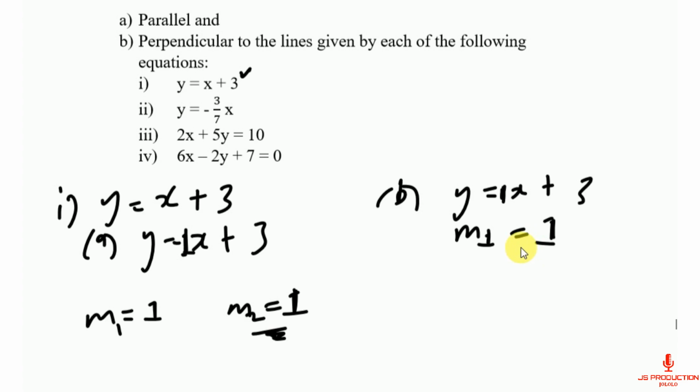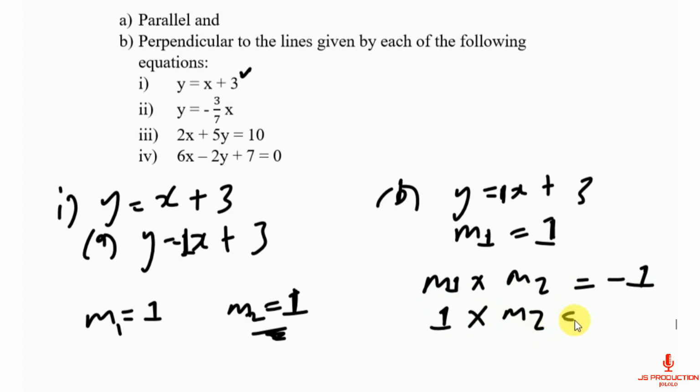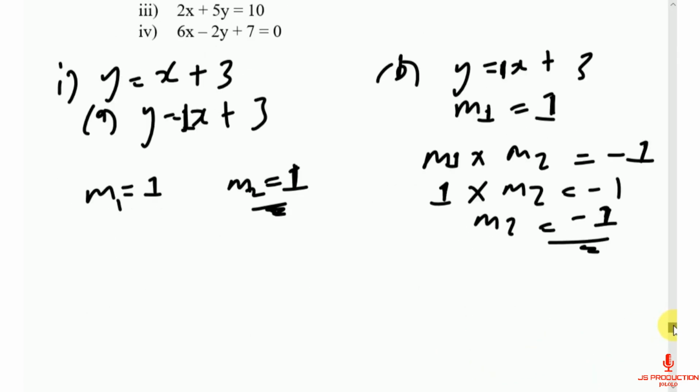To calculate the gradient of a line perpendicular to this line, we say M1 multiplied by M2 must be equal to negative 1. So M1, that's 1, multiplied by M2 is going to be equal to negative 1. So M2, the gradient of the perpendicular line, will be equal to negative 1.